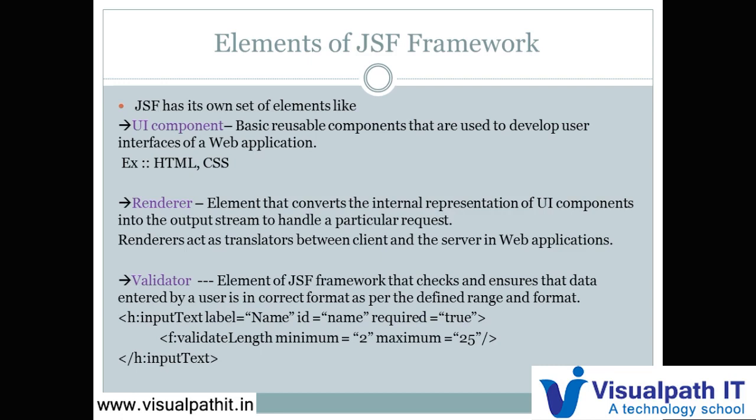So these are translators between the client and server in web applications. The client sends a request to the server and the server sends a response in HTML format to the client's browser.